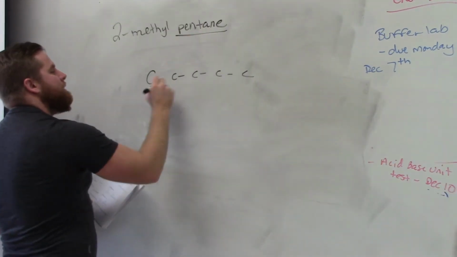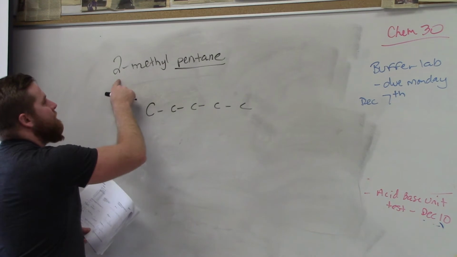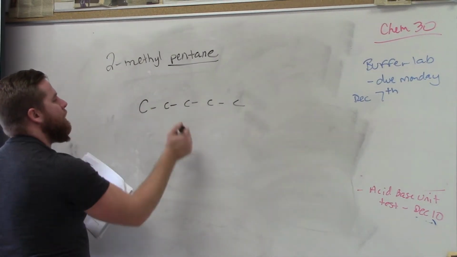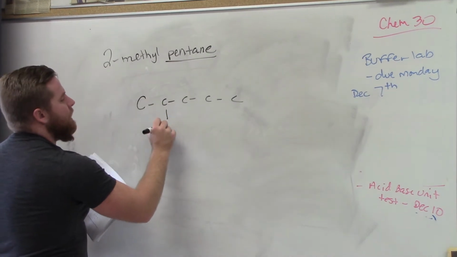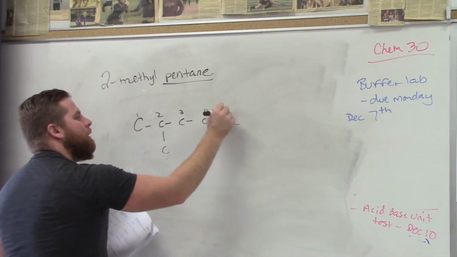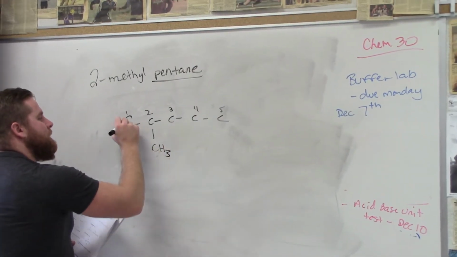And it's single bond because it's A and E. So CC, so 5 Cs. And then you have a methyl group, which is one alkyl group with 1 carbon. And it's on carbon number 2. So I'm going to number this 1, 2, 3, 4, 5. Okay? So fill this in.